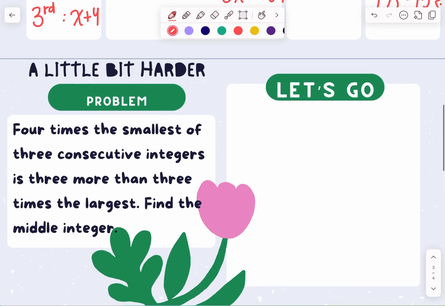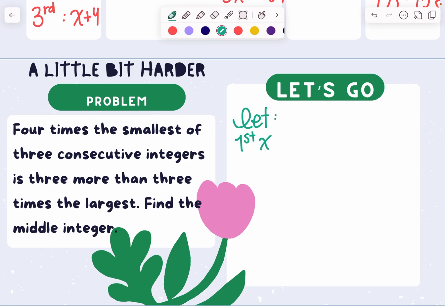A little bit harder now. So let's read it. 4 times the smallest of 3 consecutive integers is 3 more, so plus 3, than 3 times the largest. Find the middle number. Okay, so let's set this up. When I think about my setup, it doesn't say anything about odd or even. So with that said, I'm just going to say, let the first be x.